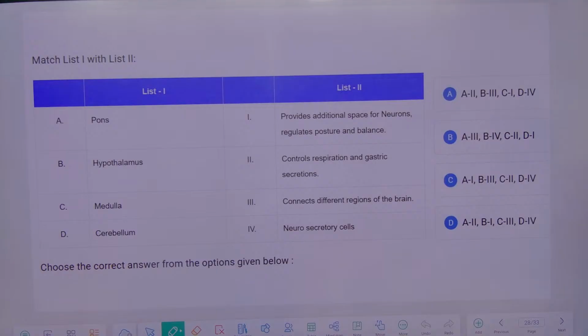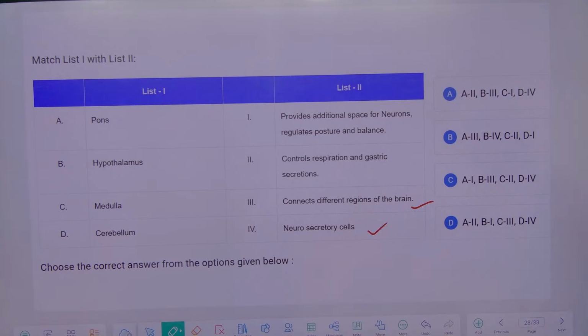Next ones: pons, hypothalamus, medulla and cerebellum. What is A? Pons, which connects different regions of brain because it has a tuft of nerve fibers. Hypothalamus has neurosecretory cells.